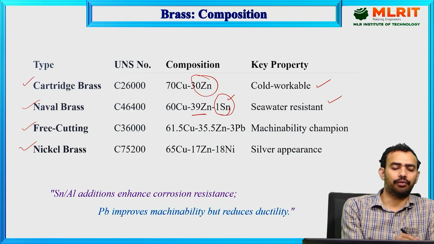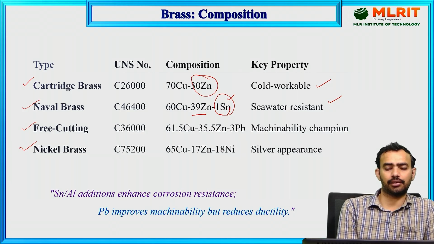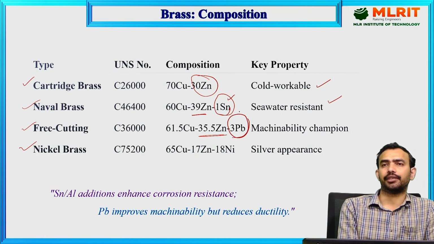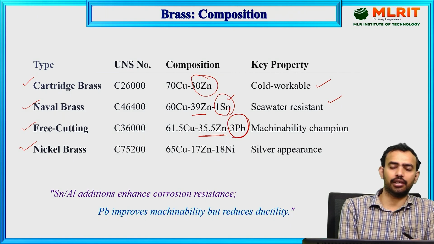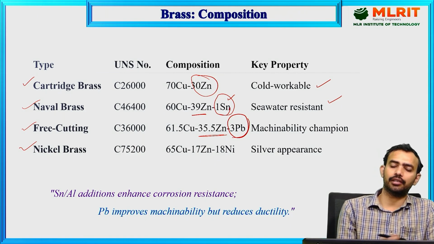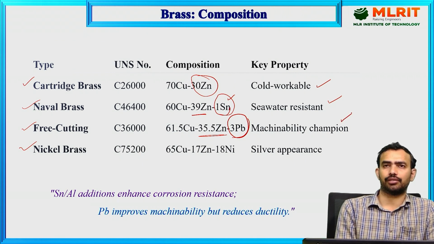Free cutting brass has zinc close to 35%, and lead is added. It is a leaded brass, with up to 3% lead, which improves machinability to a great extent.